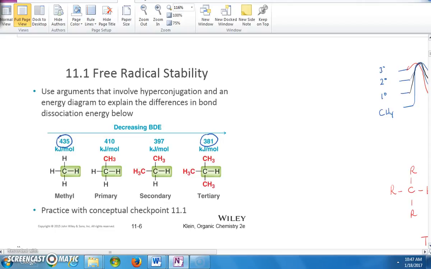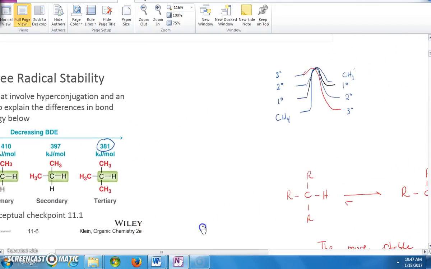That's because the radical that forms is very unstable, and so the energy required to form this intermediate is going to be very high. As you can see here, look at my little diagram. For the methyl radical, the activation energy, the energy required to go from methane to the methyl radical, is going to be very, very high.